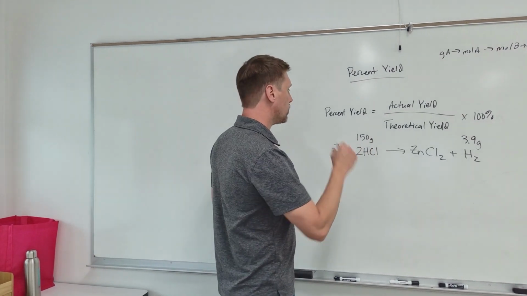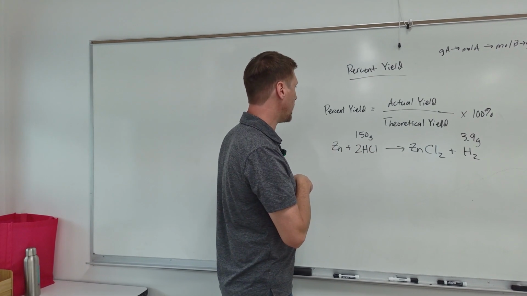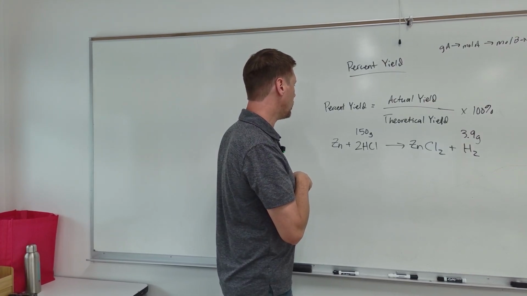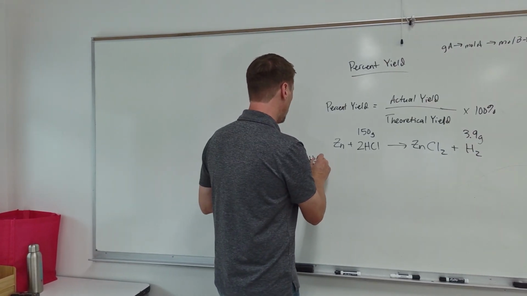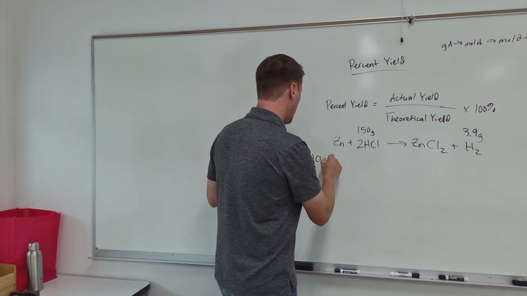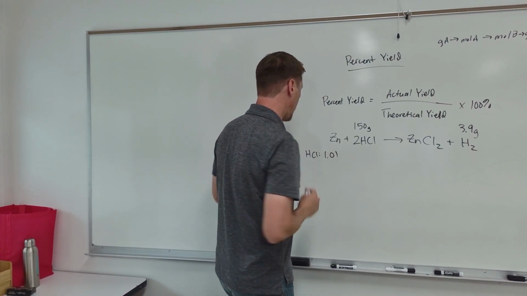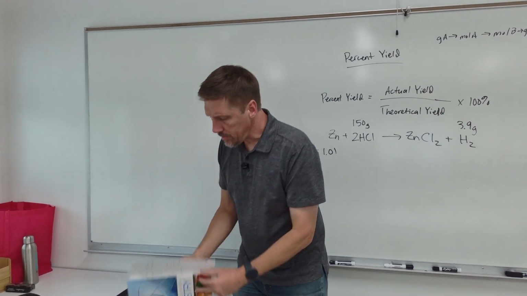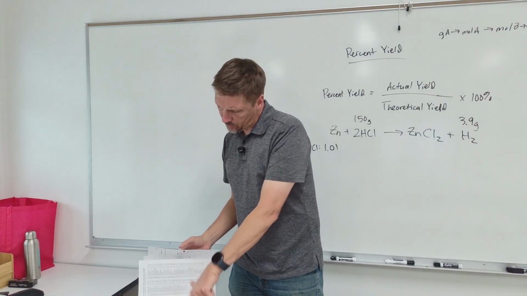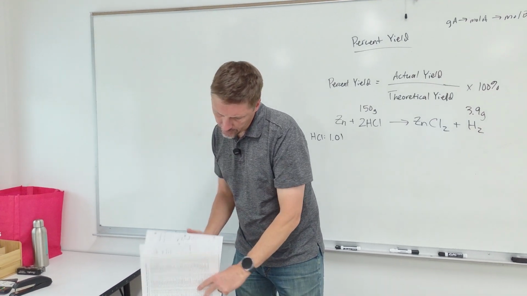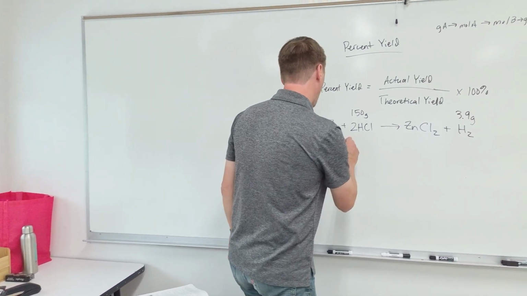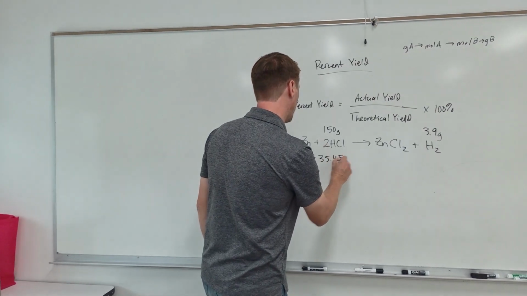All right. So the things that we need, we'll go to our periodic table and we will look at hydrochloric acid. And when we look at hydrochloric acid, we see that the atomic mass of hydrogen is 1.01. Chlorine, I believe, is 35.45. Let's double check that. 35.45 is the atomic mass of that.